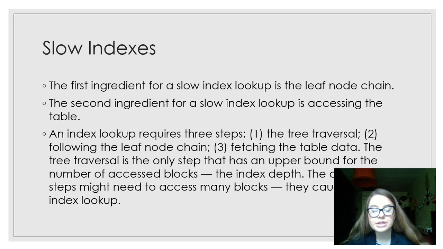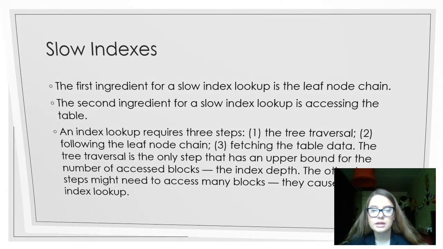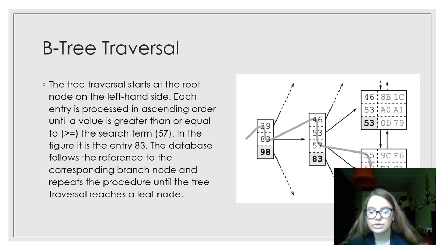The first ingredient for a slow index lookup is the leaf node chain. Consider the search for 57 in that figure again. There are obviously two matching entries in the index. At least two entries are the same. To be more precise, there can be further entries for 57.